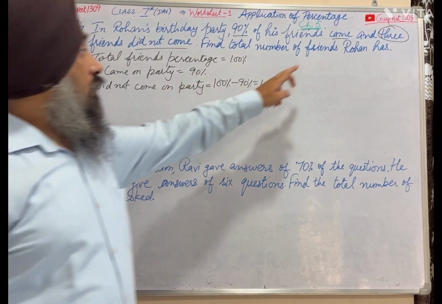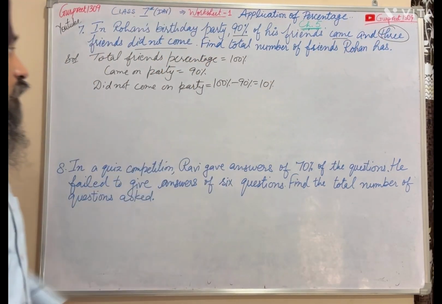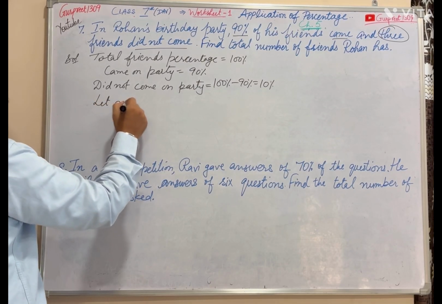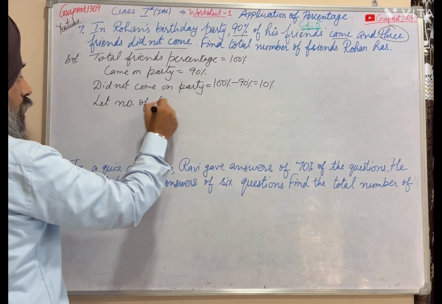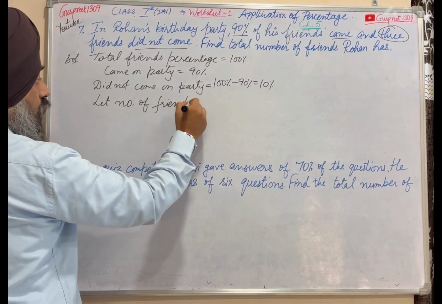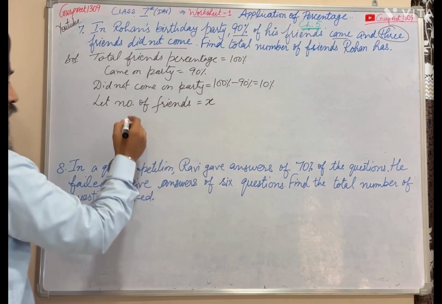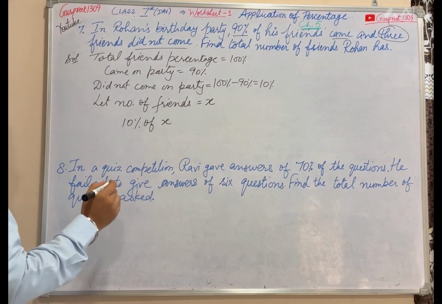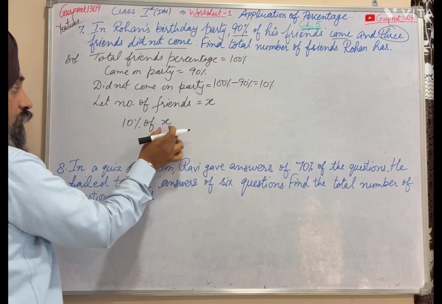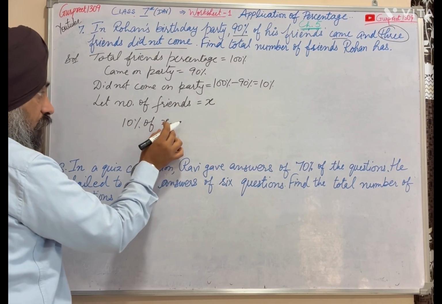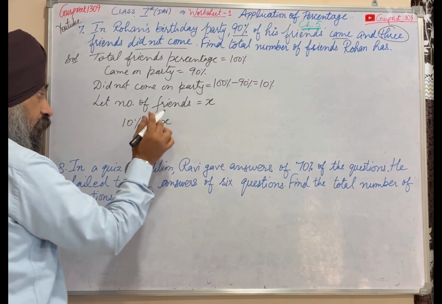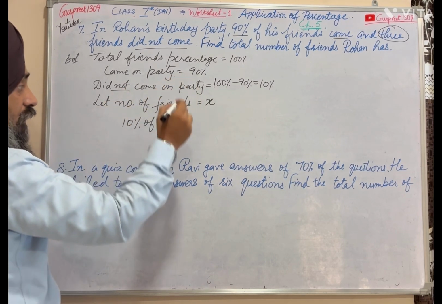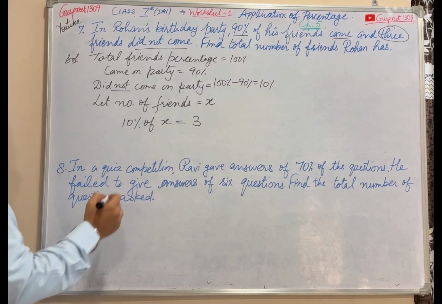And we are given the number also, 3. So that means, let the number of friends be X, and 10% of X, that means 10% of the total friends, did not come. That is 3.